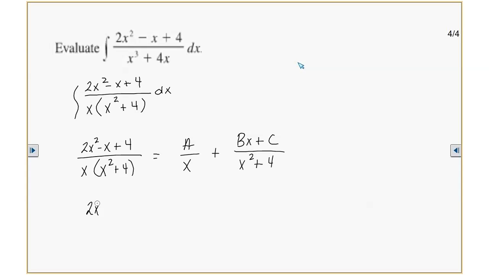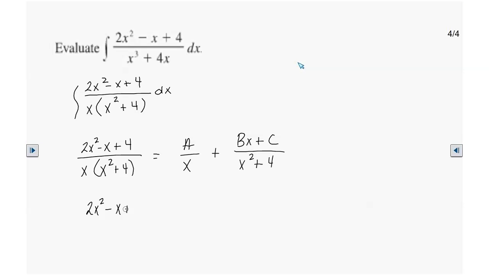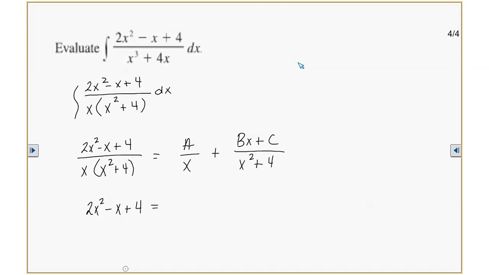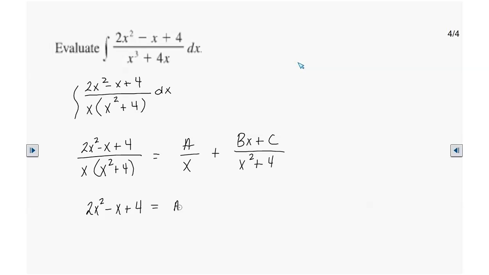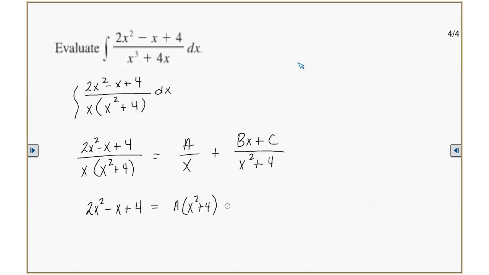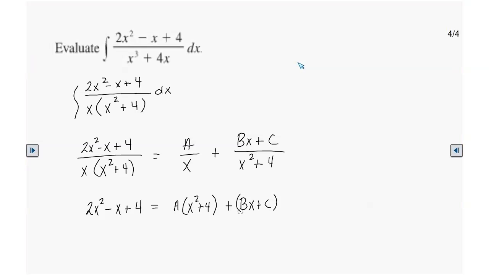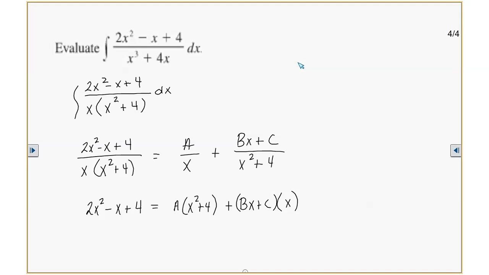So 2x squared minus x plus 4 is equal to A times x squared plus 4, plus bx plus c times x. All right, do your algebra. Remember this one in before it's over with.